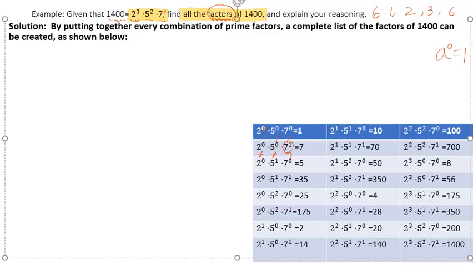And we know 7 goes into 1400. Okay, so the difficulty here is, what can we do to make sure we pick all the different combinations of the number of copies of 2 and 5 and 7? All of them have to be different.